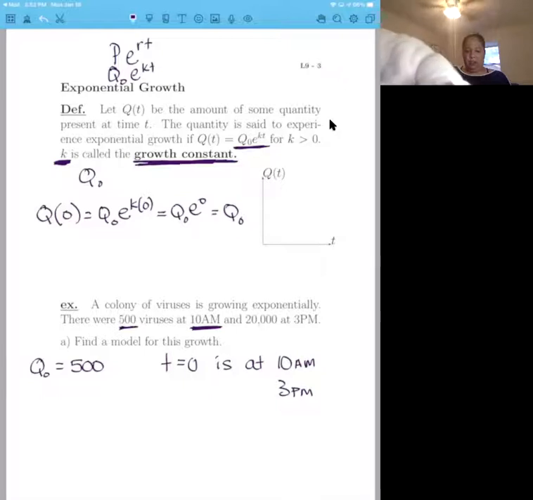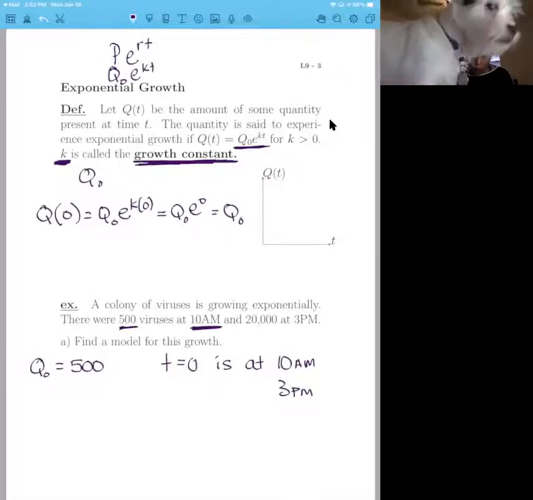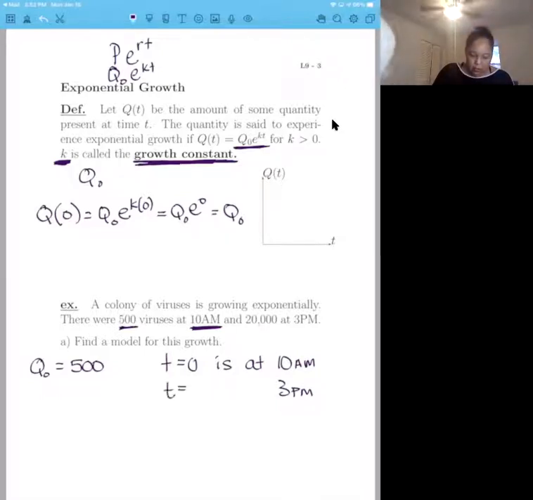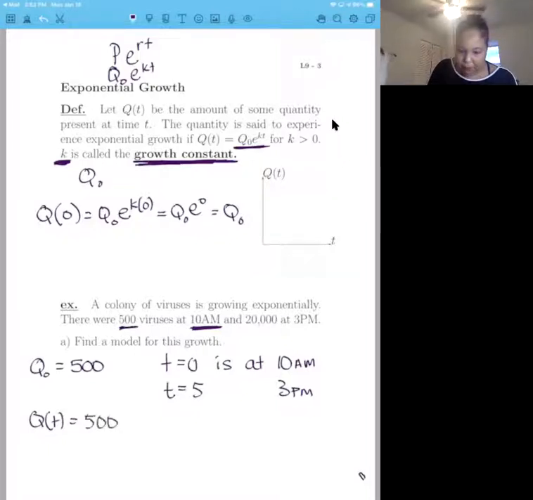So that is 5 hours later. So T equals 5. All right, and they have 20,000. So if I were looking at trying to set up my initial function, Q of T, all I have is the 500 and e to the k times 0.